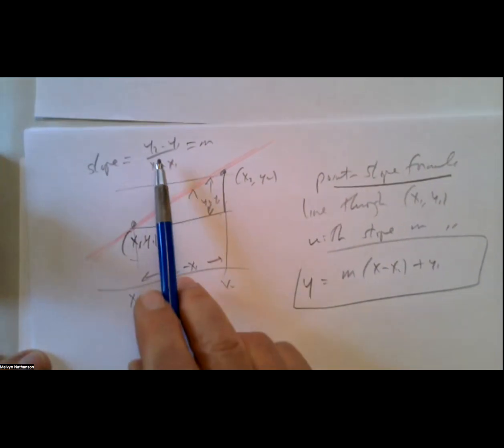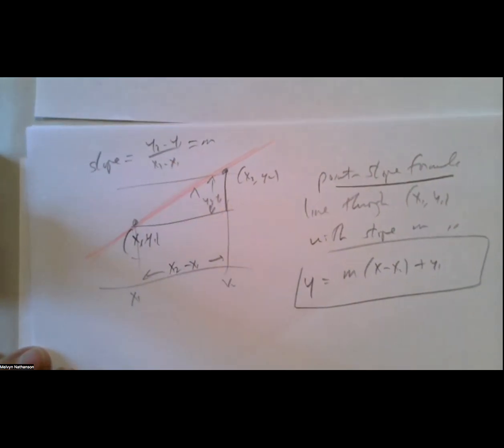And if this is the slope, we get the equation for the line through 2 points is y equals y2 minus y1 over x2 minus x1 times x minus x1 plus y1.